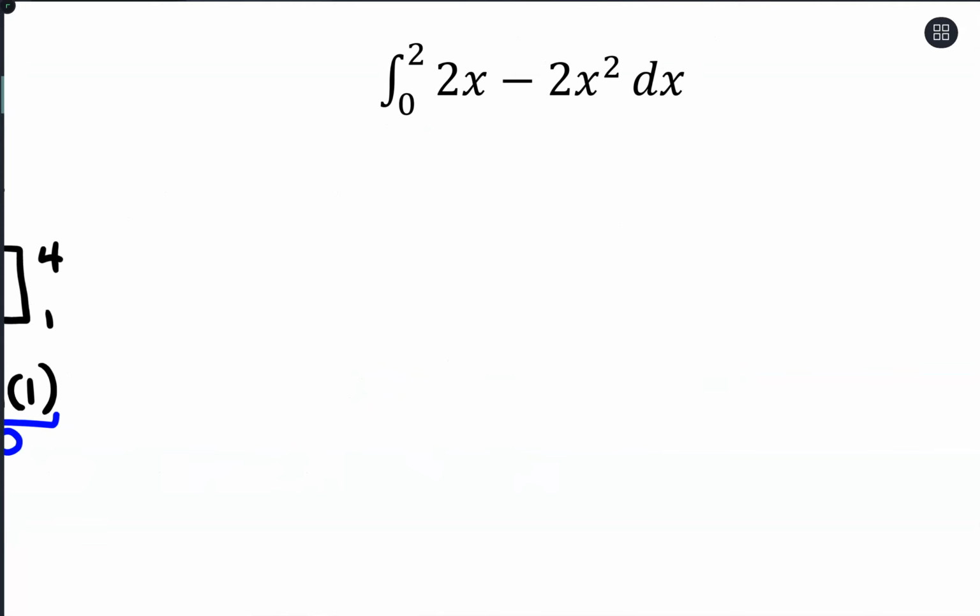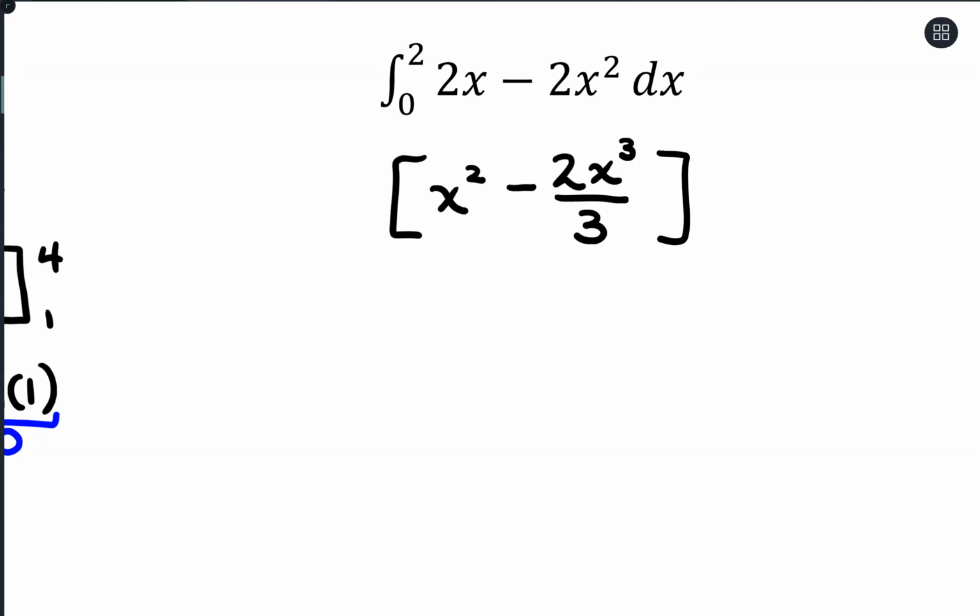Okay. Antiderivative from 0 to 2 of 2x minus 2x squared dx. So the antiderivative of 2x is going to be x squared. The negative 2x squared, so we're going to have the negative 2x, and then 2 plus 1 is 3, and then divide that by 3, and we're evaluating this from 0 to 2.